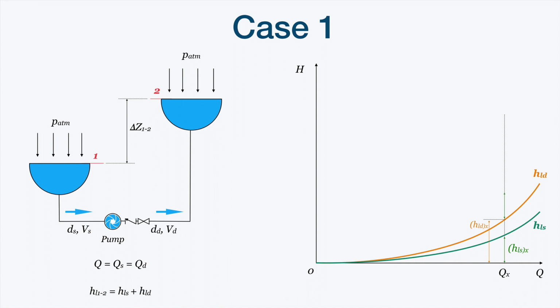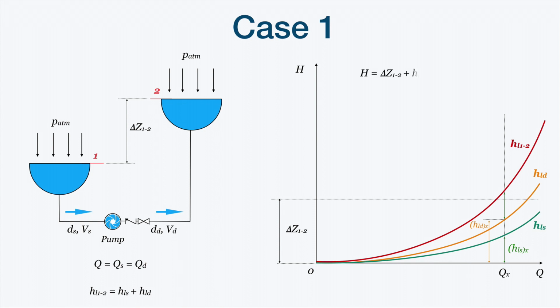Adding this to the head losses of the suction pipe, we can obtain, as we already know, the head losses curve for the whole system, HL1-2. If we add to these head losses the value of the static head, we obtain the curve of the system, the H versus Q curve of the system.